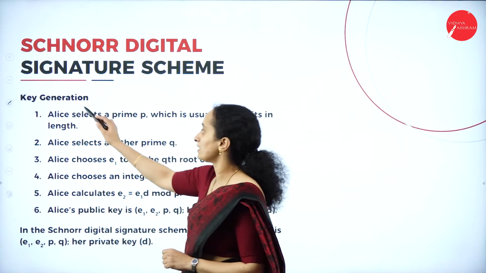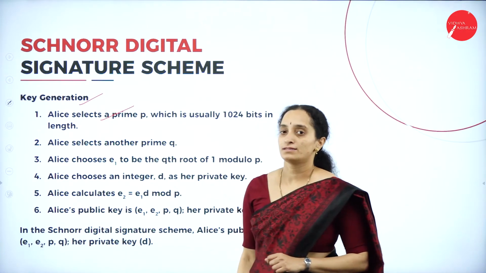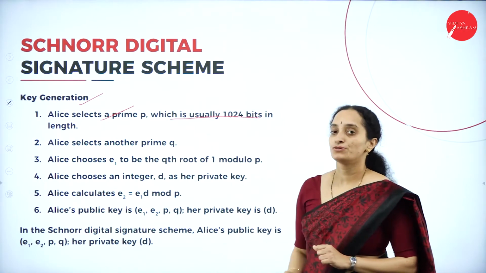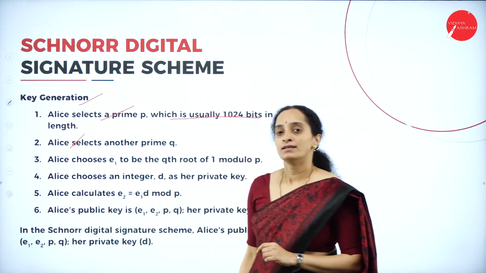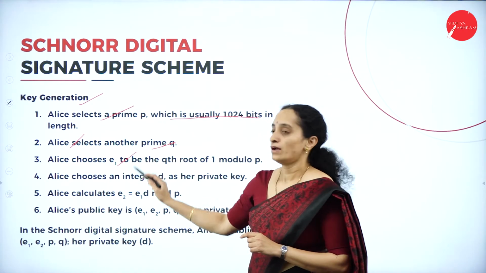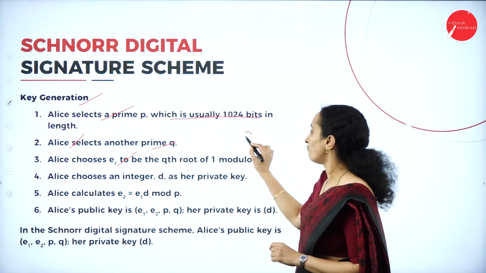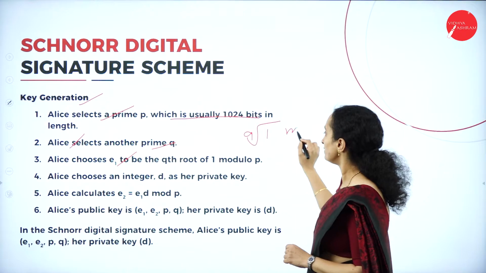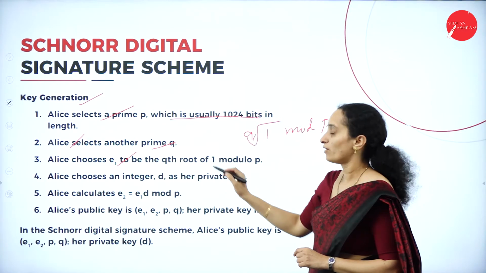How the key is generated in this digital signature scheme is, the sender selects a prime value P, which is usually 1024 bits long. Then the sender selects another prime Q. The sender chooses E1 to be the qth root of 1 modulo P. So, we are doing mod P over the qth root of 1.